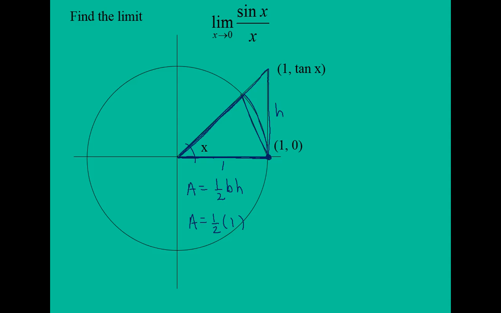We could write our height of our triangle as a trig function. We have the opposite side and we have the adjacent side. We know the tangent of an angle equals opposite over adjacent. So the height of this triangle would just be h equals tangent of x. So there's the area of the large triangle.